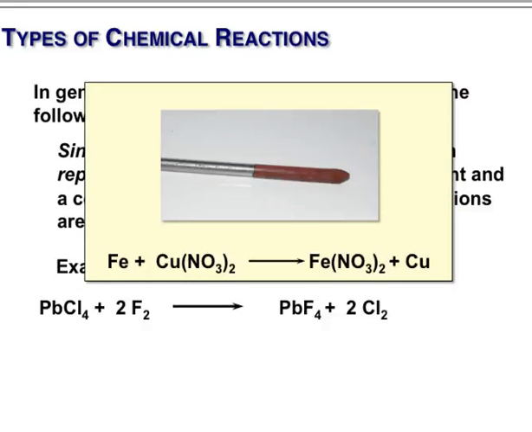That was iron reacting with copper(II) nitrate to give iron(II) nitrate and deposit copper metal. Copper metal was a little red stuff right there at the end of your shiny iron nail. Single replacement reaction, compound and an element, compound and an element.